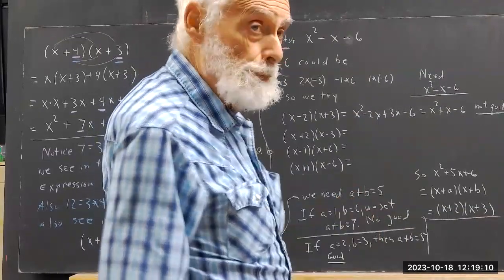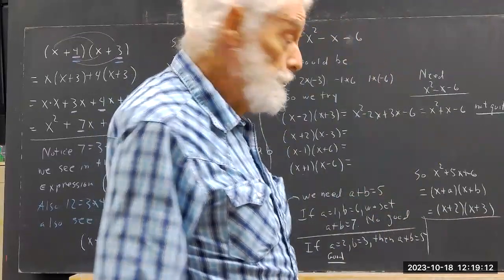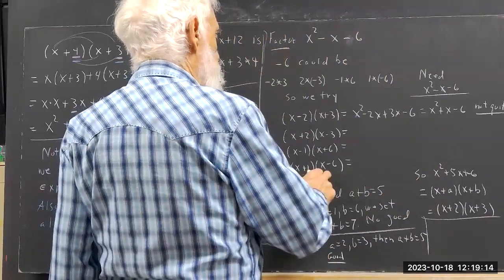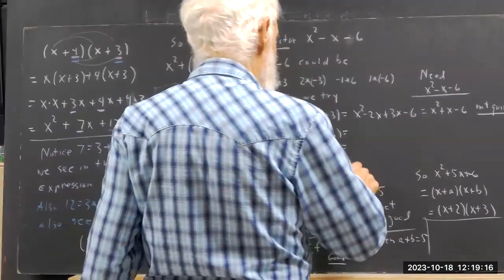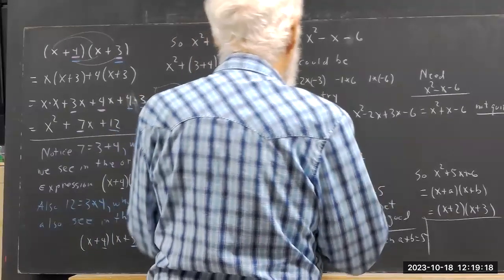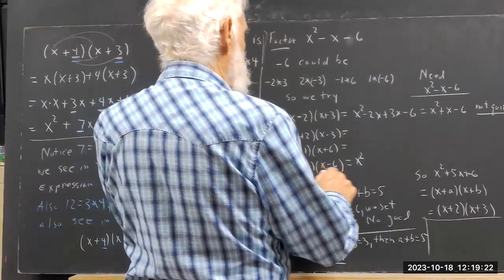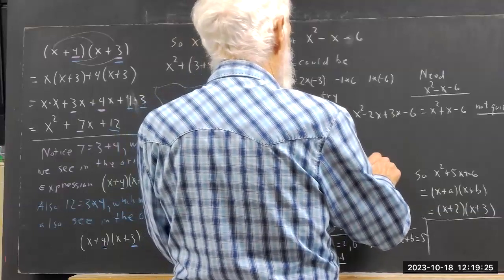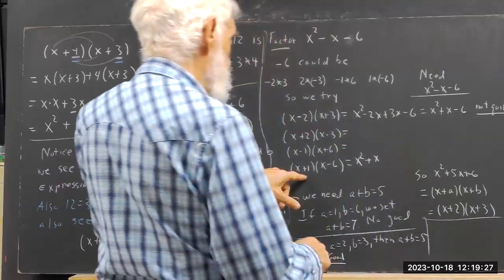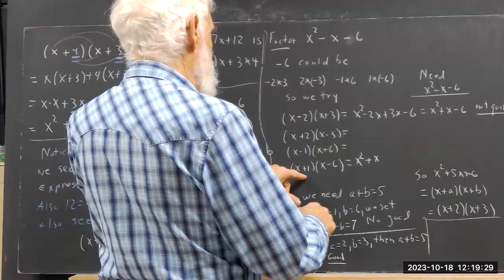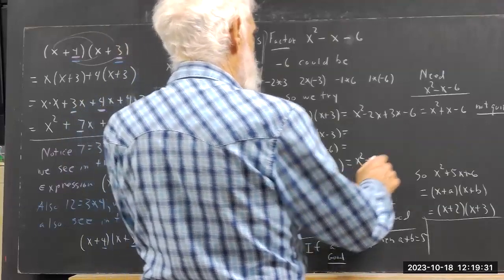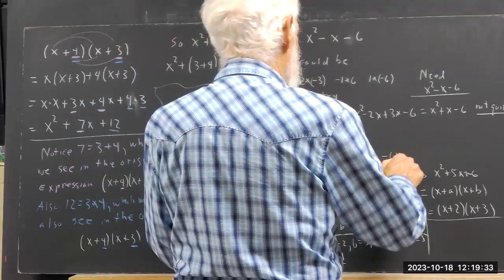That's not quite right. We get a plus x instead of a minus x. But let's try the last one. The first one didn't work. Let's try the last one. We do x plus 1 times x minus 6. X times x is going to give us x squared. And 1 times x is going to give us just plain old x. And then x times minus 6 is going to give us minus 6x.